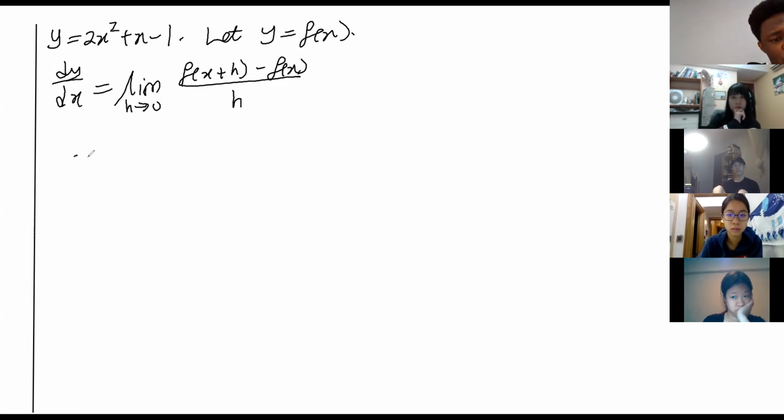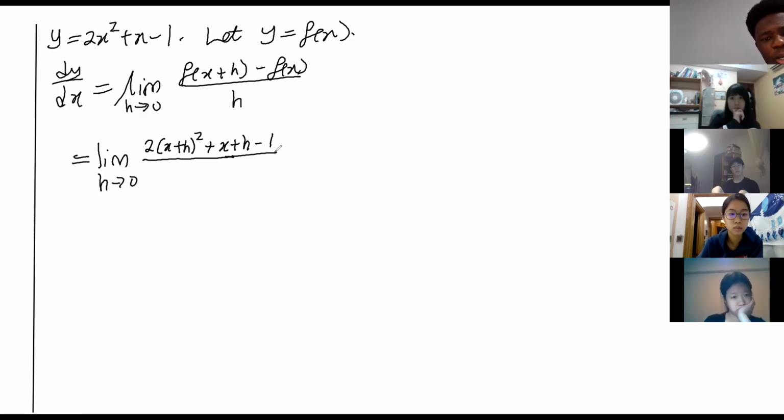So this will be the limit as h tends to 0. My f of x plus h will be 2 brackets x plus h squared plus x plus h minus 1. Understood? Then my f of x, because it is a trinomial, has to be in brackets. If you do not put it in brackets, you're going to make a mistake.